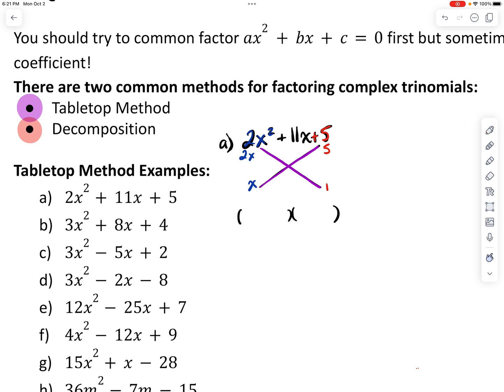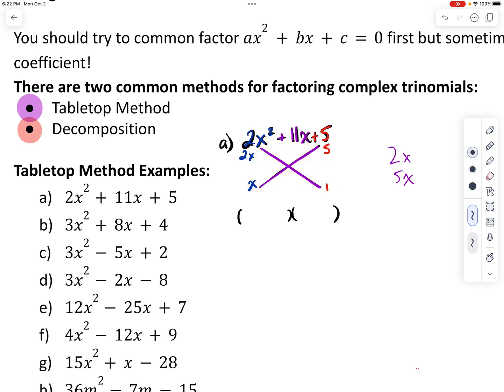How I know I'm right is I look to the cross multiplication. So if I look on this cross line, 2x times 1 gives me 2 x's. When I cross multiply the other sides, there I get 5 x's. 2x and 5x. I cannot work with 2x and 5x to make 11 x's.